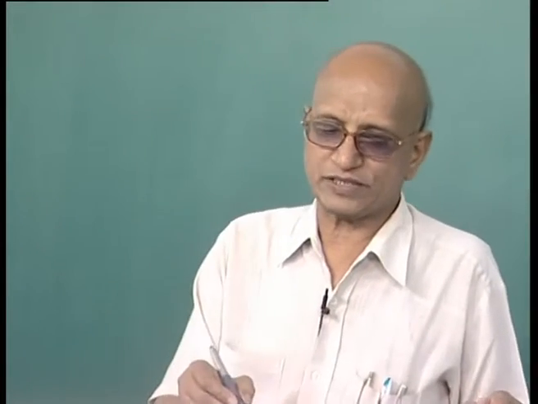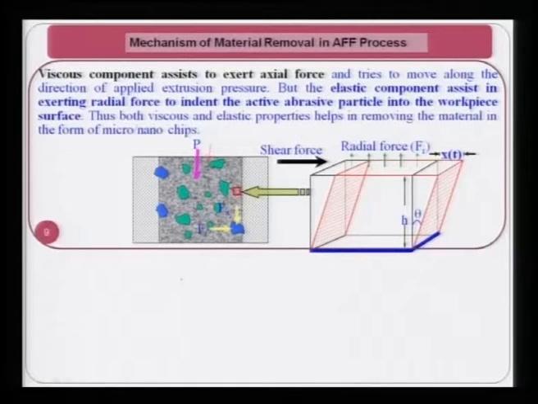So this medium is being pushed downward. Here you see the medium and the abrasive particles in blue color, which are the active abrasive particles in contact with the workpiece surface, and the green color are the abrasive particles which are inactive, not in contact with the workpiece surface.